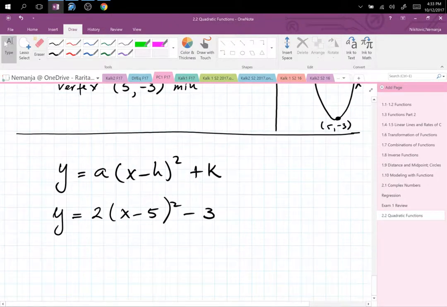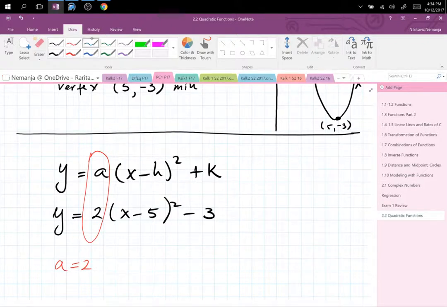What I'm going to do here is the comparison. Do we all agree that y is y, and equal is equal? Do we all see that a is 2? Is that bueno? Now, do you see that x is x and minus is minus? You see they match, right? So h must be 5.